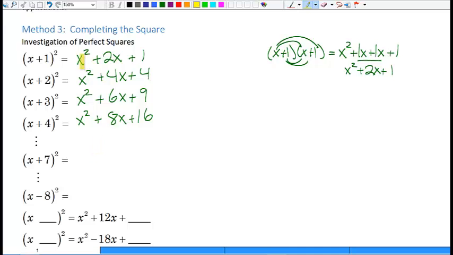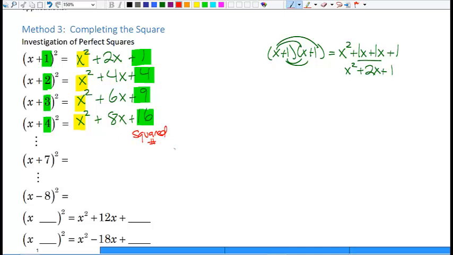One thing that people usually notice is that the first term is always just x squared. Another thing that they'll notice is that the last one is the square of the number. So 2 squared is 4, 3 squared is 9, 4 squared is 16. So this is the square of your number.